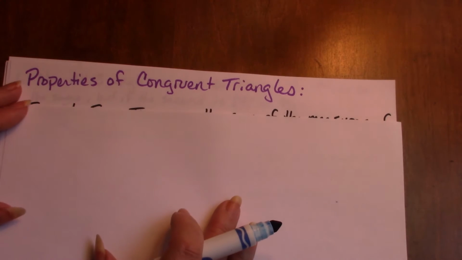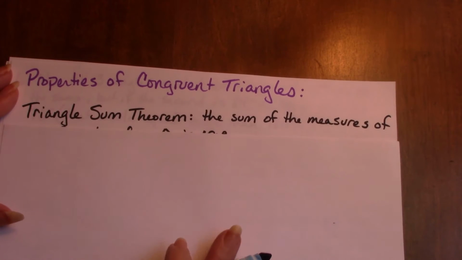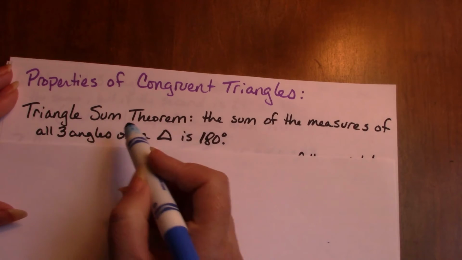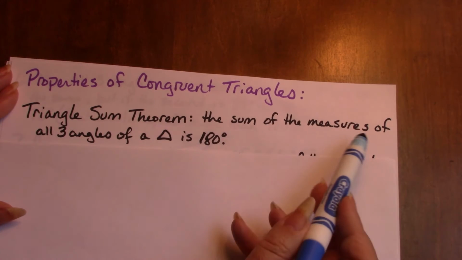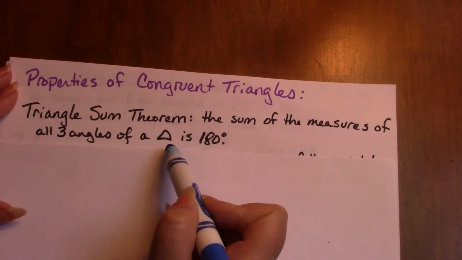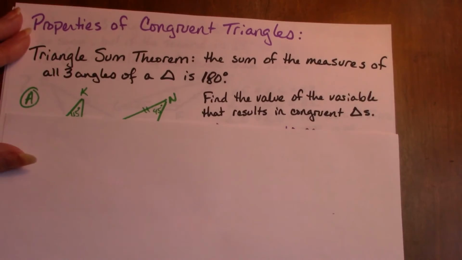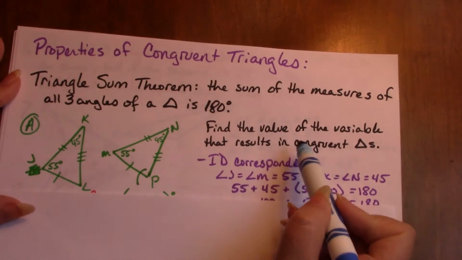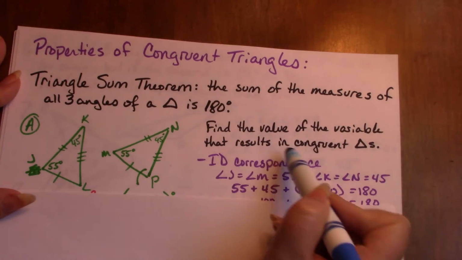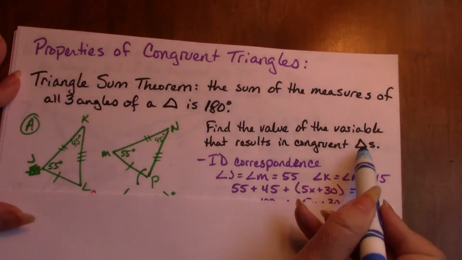Next, we're going to look at the properties of congruent triangles. The triangle sum theorem states that the sum of the measures of all 3 angles of a triangle equals 180 degrees. So our question here is to find the value of the variable that results in congruent triangles.